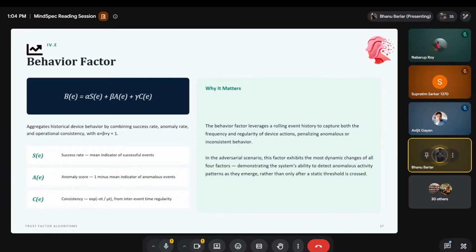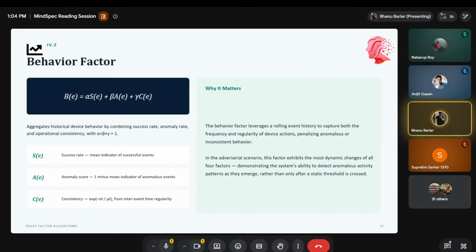Let's understand each of the variables. Success rate: what is that? It measures how often normal operations succeed. For example, successful authentication, successful communication, successful raw data transmission. A higher success rate increases trust. Success rate and trust are directly proportional to each other.